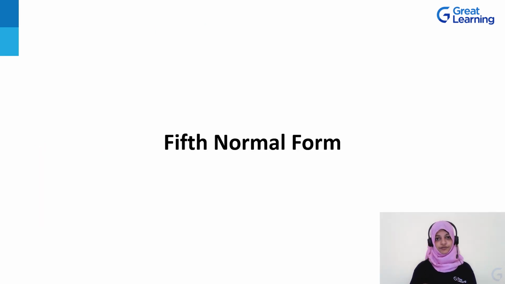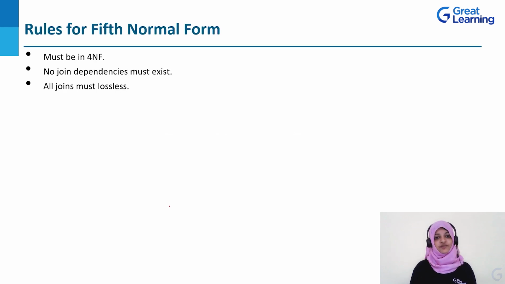Lastly, let's look into fifth normal form. The fifth normal form is the last most basic normal form that we have in RDBMS. Now, what is the fifth normal form? So, as we already know, for any entity to be converted into the fifth normal form, it will actually have to be in the fourth normal form. This means that the values have to be atomic.